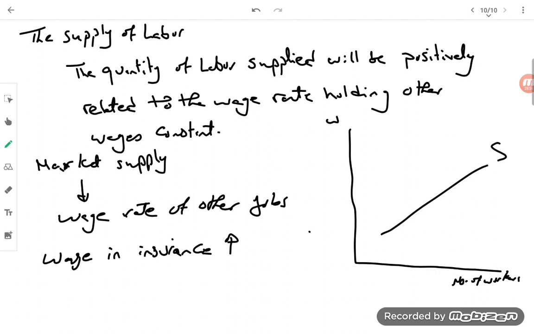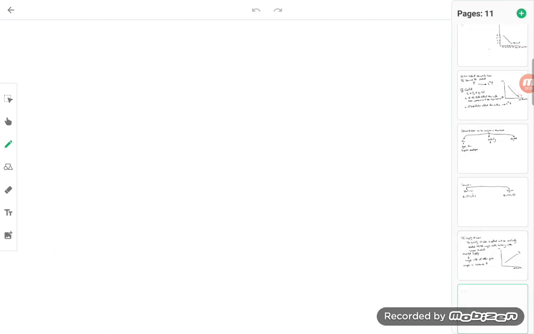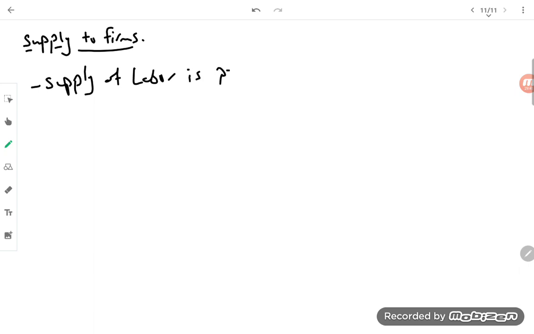What about the supply to firms? When we talk about supply at a firm level, we assume that supply of labor is perfectly competitive, or in other words, no firm will offer a wage that's above or below what the market wage indicates.